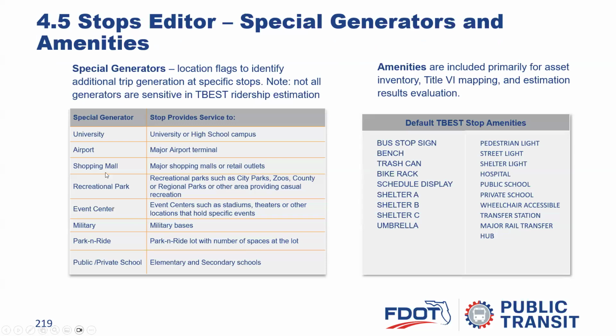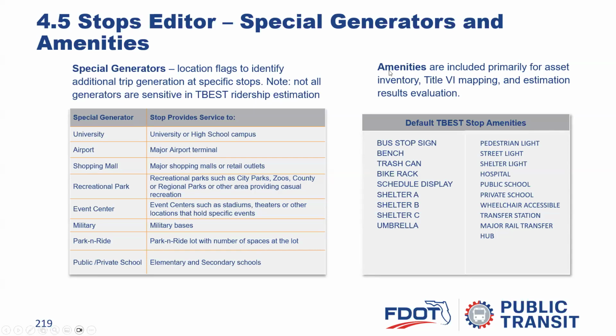All right, so we haven't looked at the definitions specifically for special generators and the amenities that are available. So this is a reference for you to determine where you would place these special generators and amenities at particular stop locations.